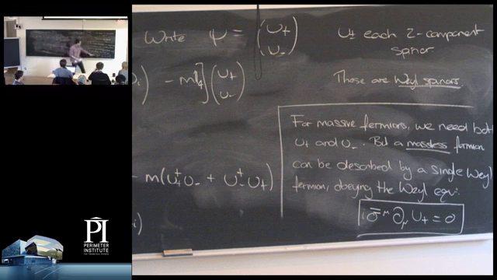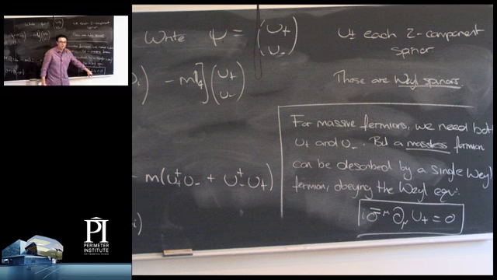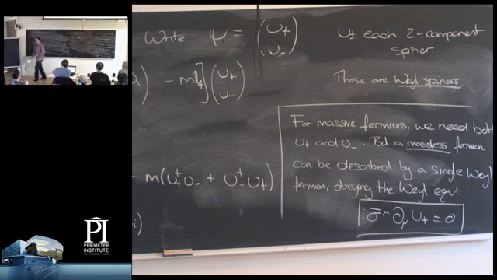But in particular, because of the weak force, all the fermions in the standard model have to be described by Weyl spinors or chiral spinors. And they come in pairs for all the fermions. So there's a U plus for a fermion and a U minus for a fermion, but those have different properties, so they can't be combined together into a Dirac spinor. And you'll learn about this later. But everything is massless in the standard model.